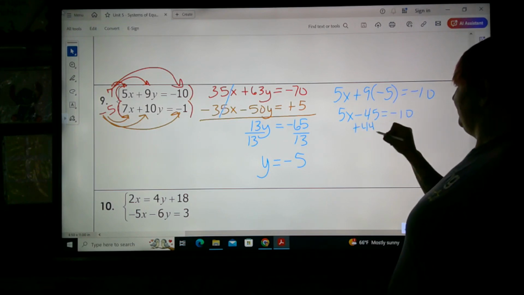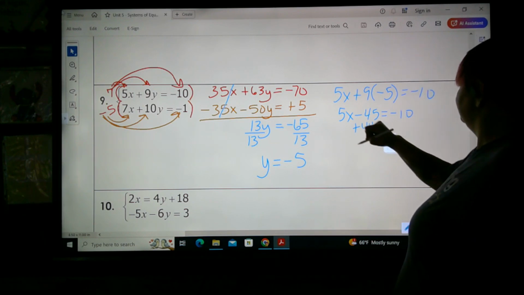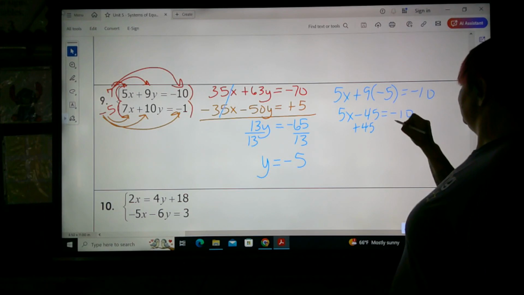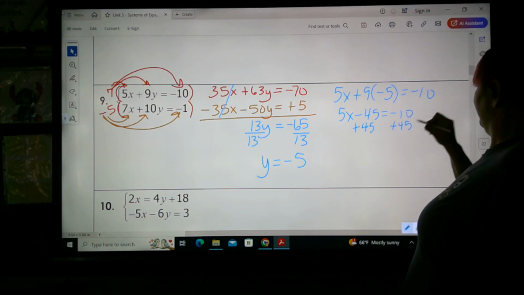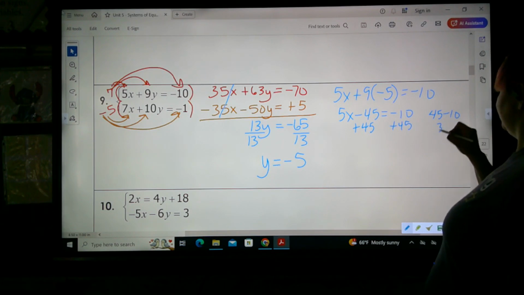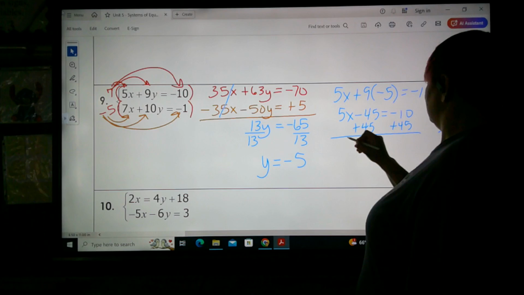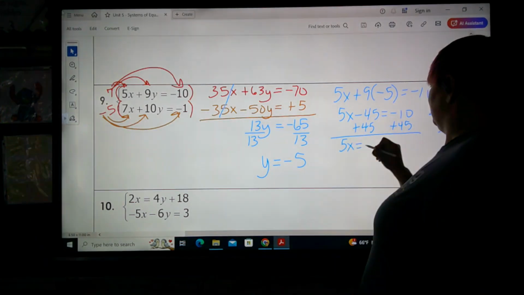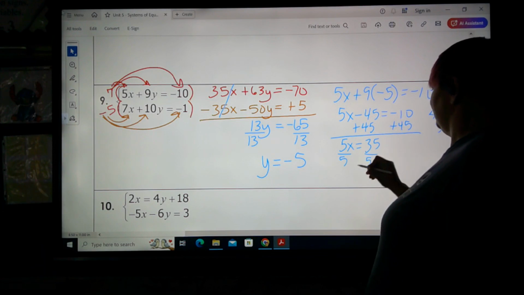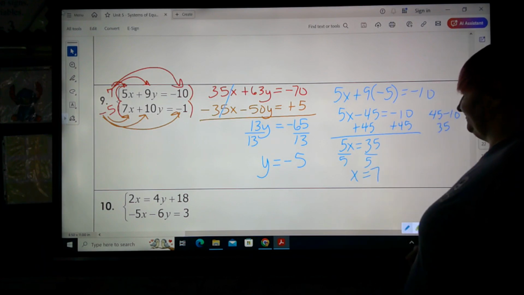Add 45 to both sides. 45 minus 10 is 35. So we have 5x equals 35. Divide by 5. X equals 7.